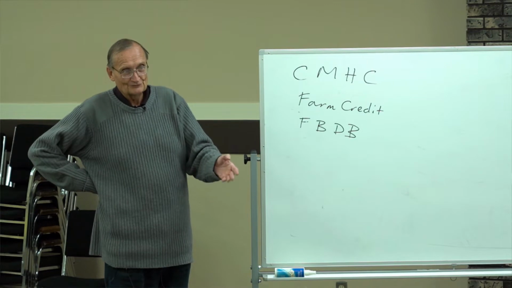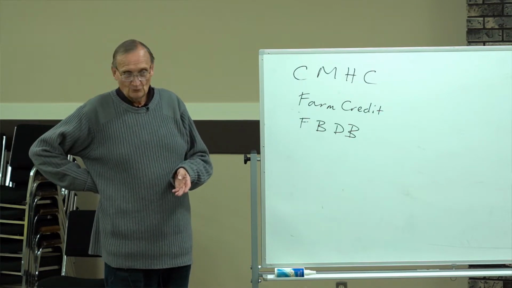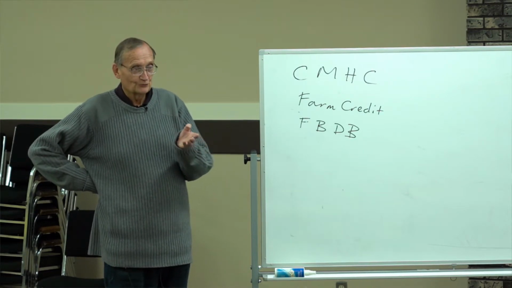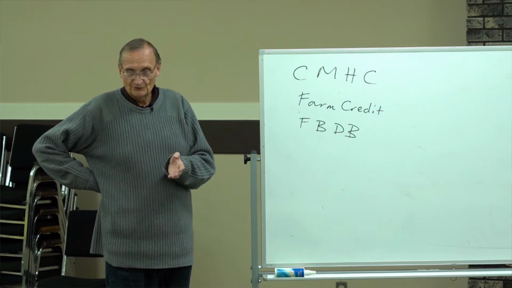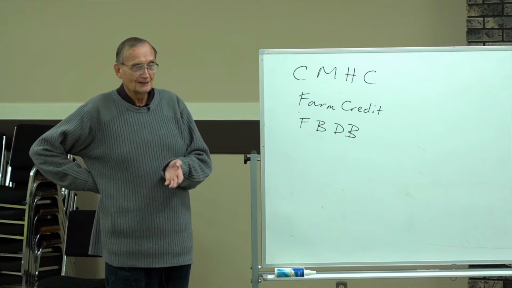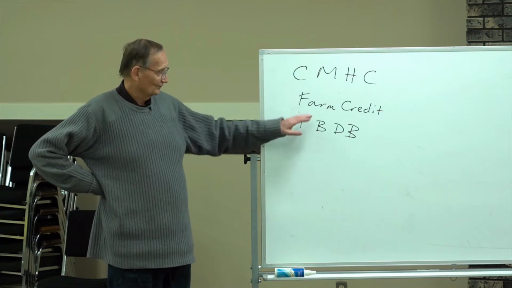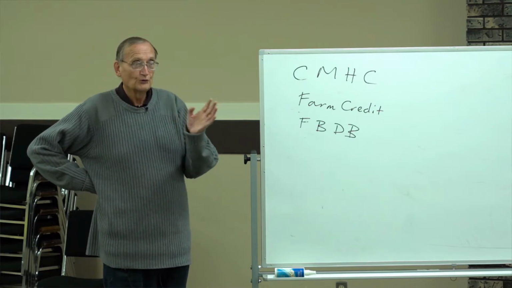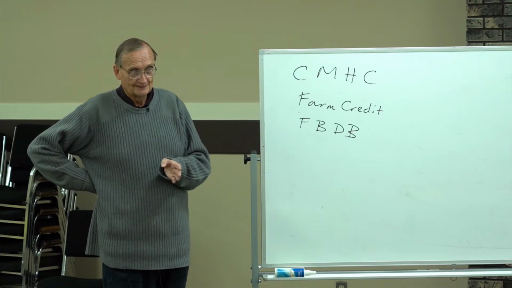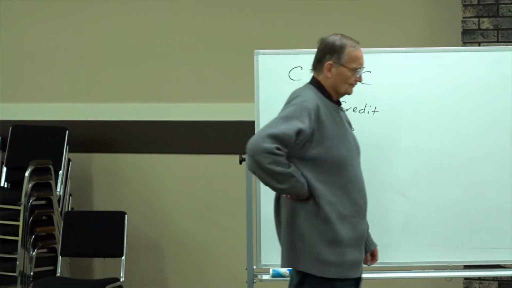Backing the bonds that Farm Credit issues. Where an individual farmer, if it was Joe Smith from Valley View trying to borrow on the international bond market, good luck. Whether it's Farm Credit, that's different. They're able to go in there and borrow $1 billion, $2 billion, or whatever. So they issue bonds.